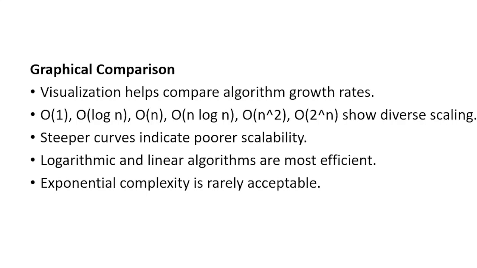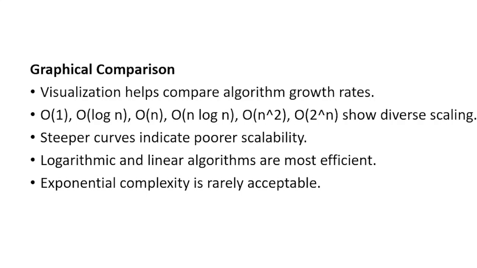So let's say if I take n, it means it is one, n indicates some linearity. Then if I have n square, what will I get?